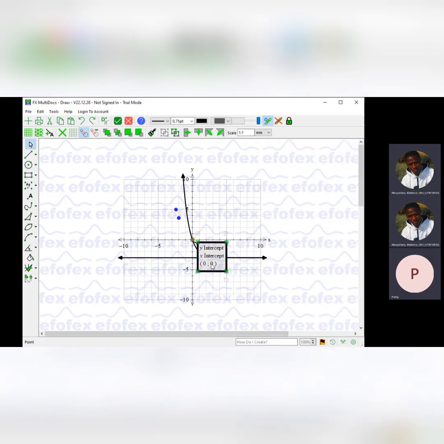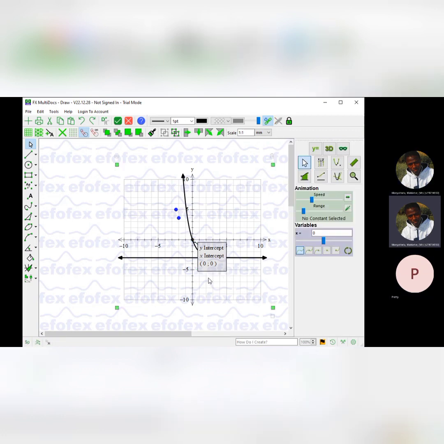You add that point, and then the second point is this line, y equal to -3, so I just write -3 on this line.